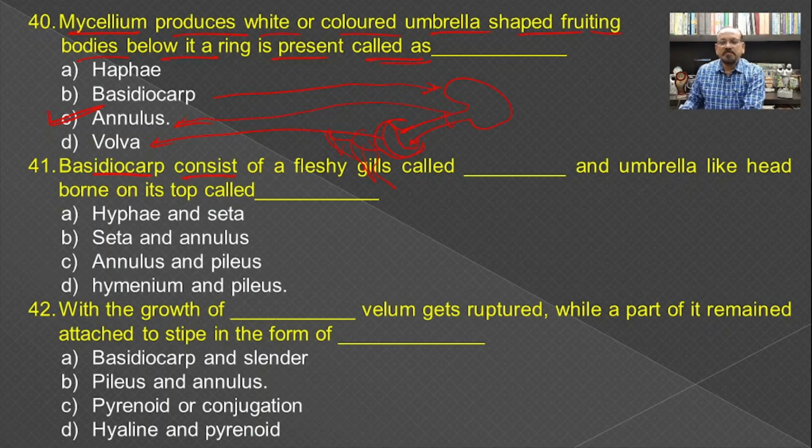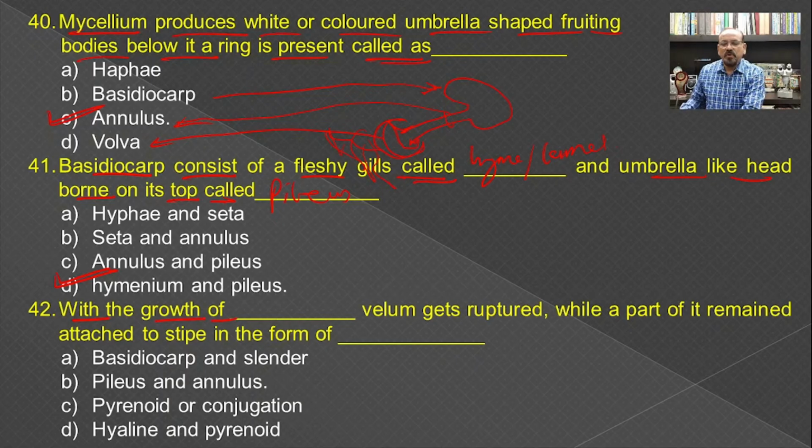Then basidiocarp consists of fleshy gills, called the hymenium, also known as the lamellae, and the umbrella like head borne on its top called the Pileus. So the hymenium and the Pileus will be the answer for this question.